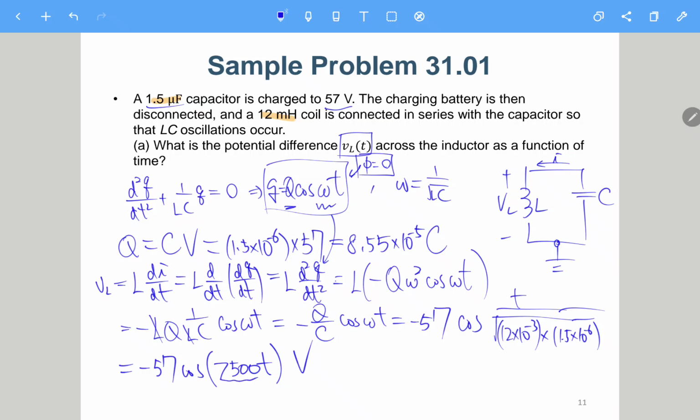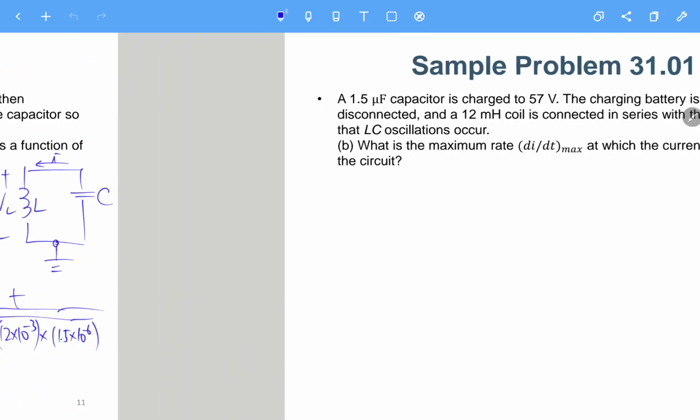The SI unit here is radian per second, which is the angular frequency, radian per second. So this is for question A, and then we have question B.